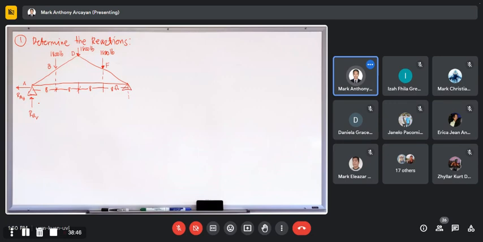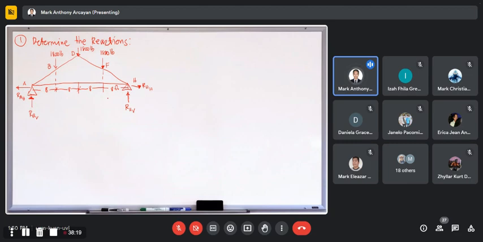The directions could be reversed, especially for the horizontal, but for the vertical it is obvious it points upward, since it supports the downward forces. Then at joint H, for the reaction at H, we have RH vertical, then RH horizontal.